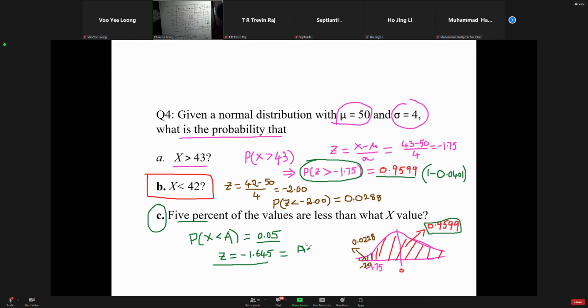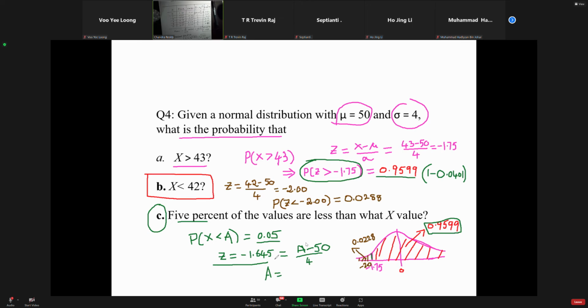So we can write (A minus 50) over 4 is negative 1.645. Then you need to calculate the value of A.